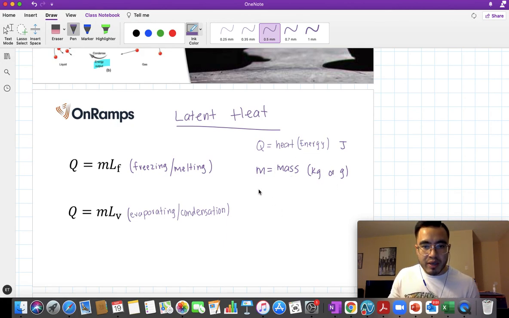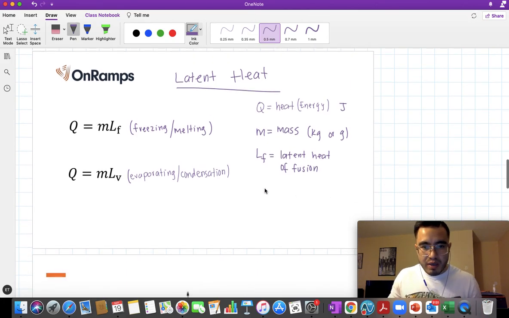Okay, so let me explain. L sub F is latent heat of fusion. L sub V will be latent heat of vaporization.